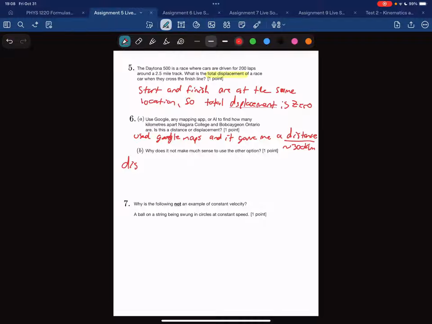Displacement does not make sense because displacement would mean drawing a line straight from the college to Bobcaygeon, which would cross Lake Ontario.